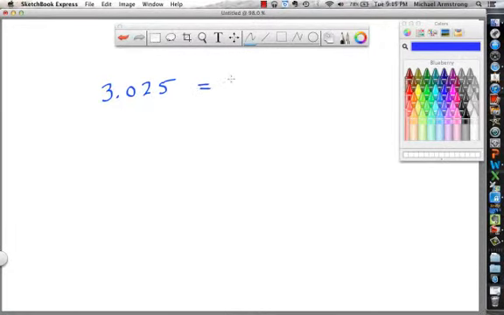And we can break this up into something that looks like this: 3 plus 25 hundredths. It's the same thing. And then we can rewrite it as 3 and 25.